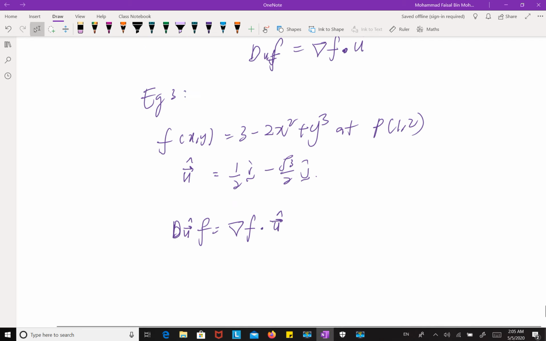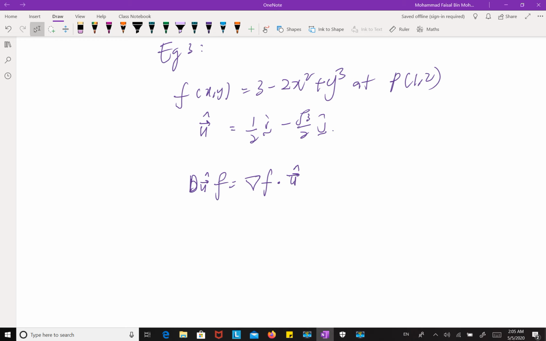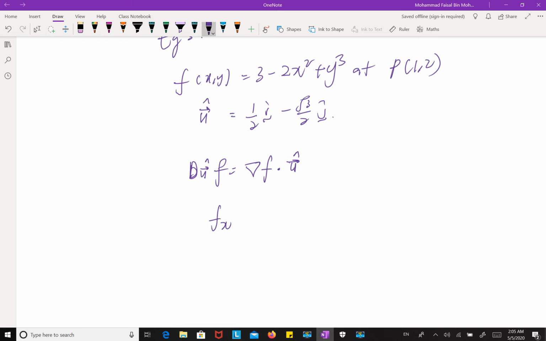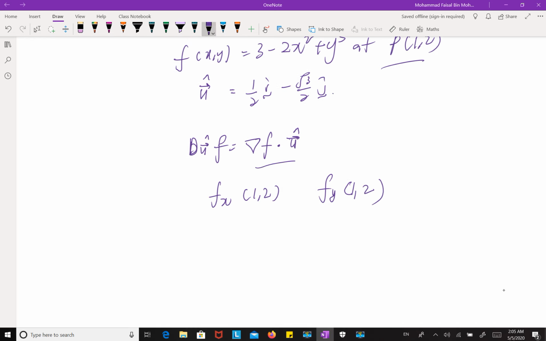So first determine the fx, which is in the i component at (1,2), and then fy at (1,2). So then you have to apply the dot product.